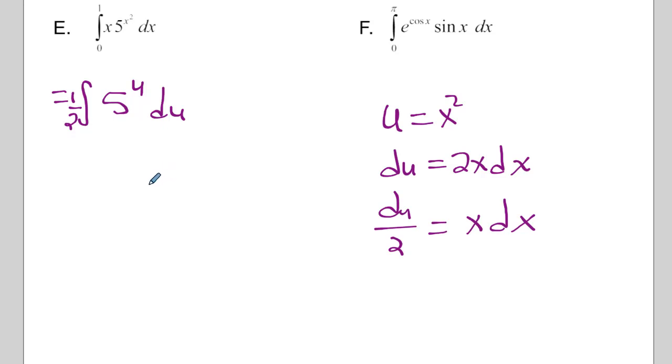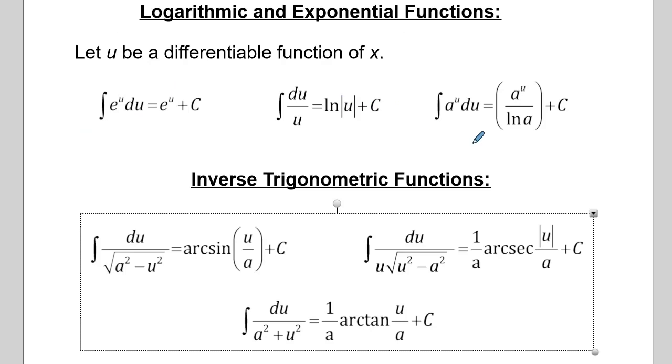All right, so if you go back and look at the rule for a to the u, the integral of a to the u du is equal to a to the u over the natural log of a plus c. All right, so we've got everything in place already.